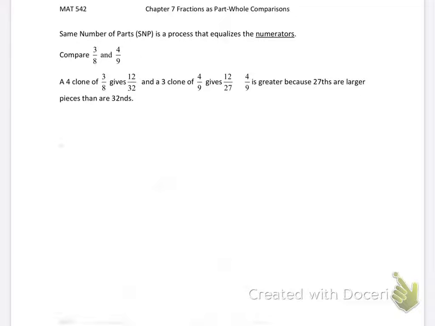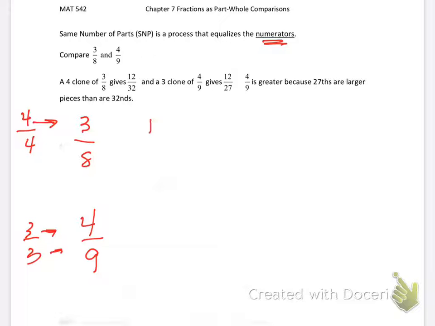Okay, same number of parts is a process that equalizes the numerators. So we're going to do a 4 clone. I don't have a picture for you this time. We're just going to do it with the numbers themselves. So if you're trying to compare 3/8 and 4/9, you're going to have to do something to both of them. We're trying to compare the numerators. So multiply this by 4/4 and this by 3/3.